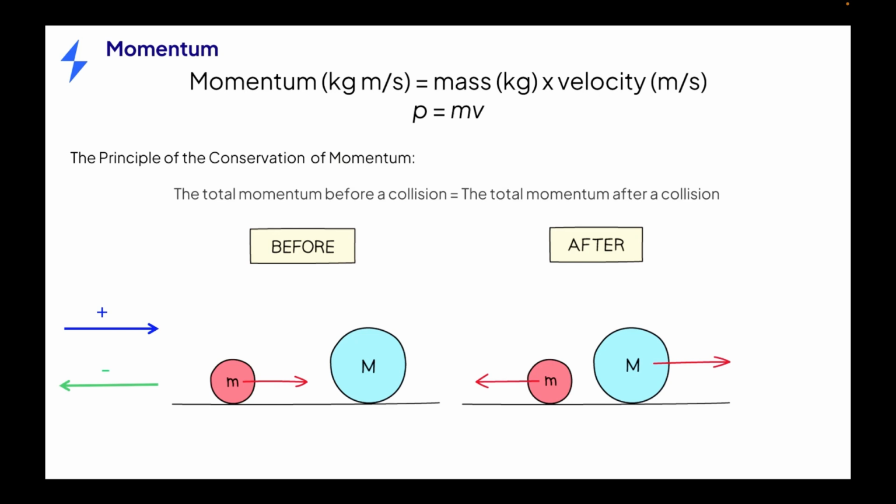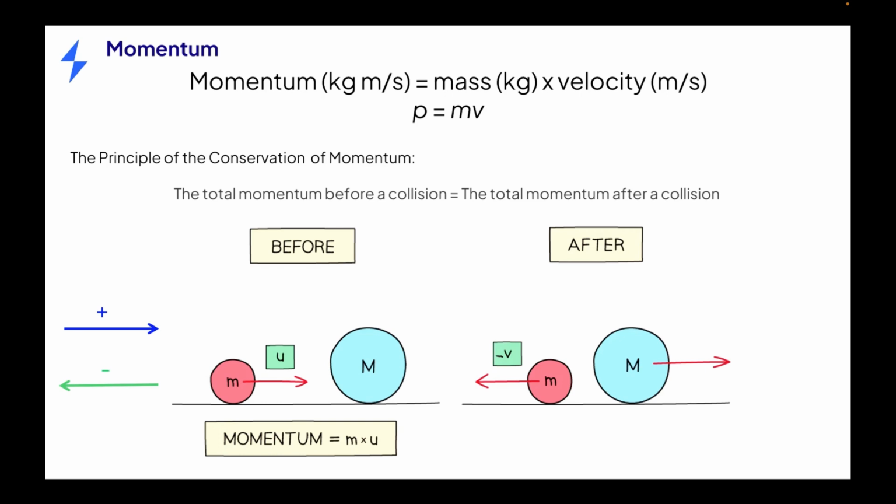The red object of mass little m is moving towards a stationary object of mass big M.